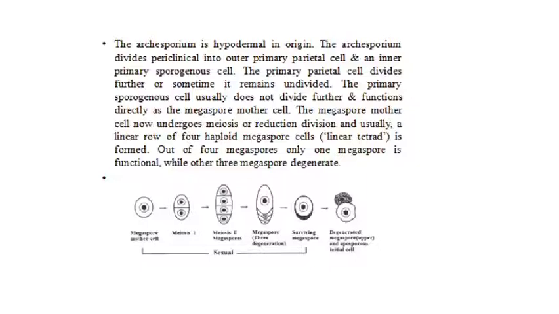See in the diagram, this is the single megaspore mother cell which is diploid in nature. It forms 4 haploid megaspores arranged in a linear tetrad in a row. Out of 4 megaspores, 3 are degenerated and only 1 is functional. Look here, all 3 megaspores are degenerated and only 1 megaspore is functional.